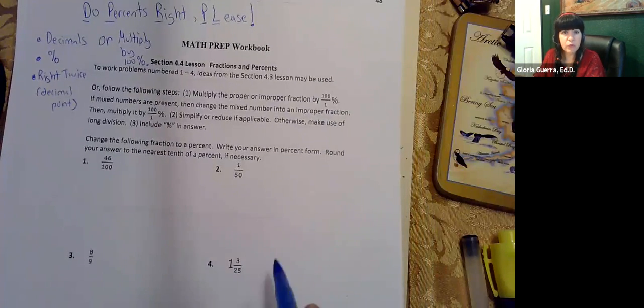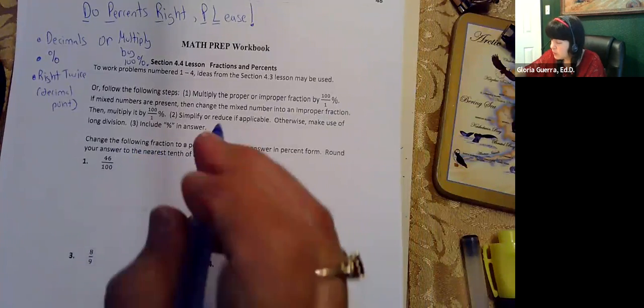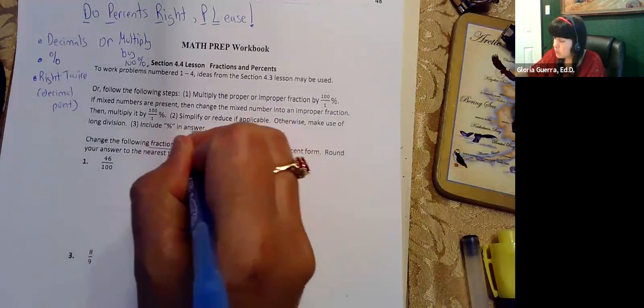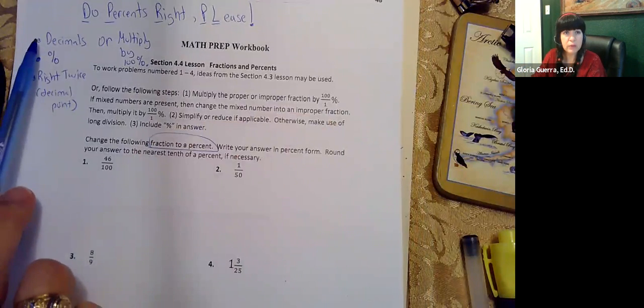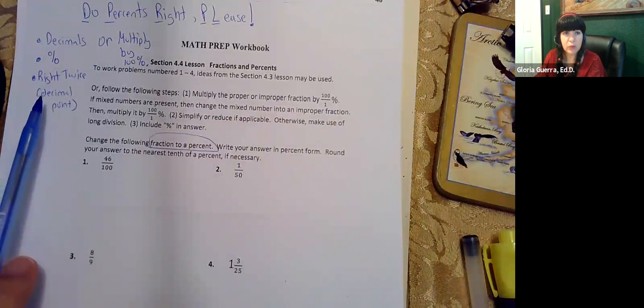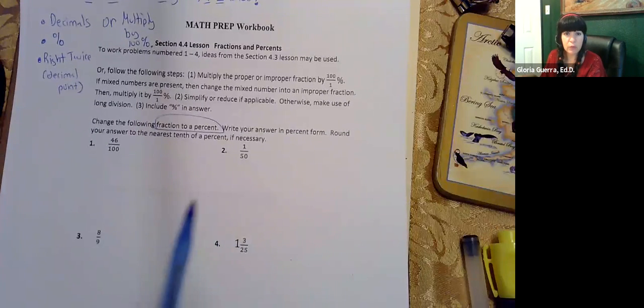Now, if you look at these first 4 problems, they want you to change the following fraction to a percent. So you have a fraction, and they want you to change it to a percentage, so you have to have an answer with a percent symbol. Moving the decimal right twice doesn't apply here, because none of these are decimals.